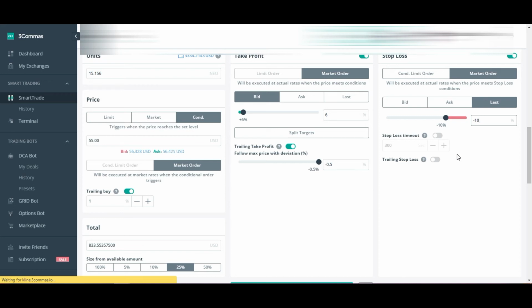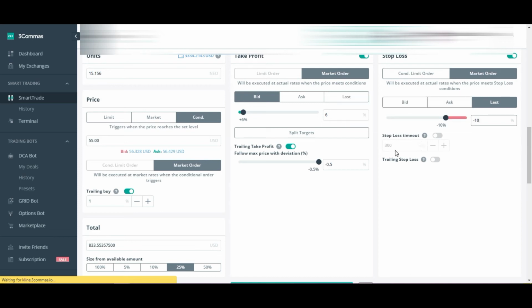Those who slept through it would have been stopped out at negative 10% and then find out when they woke up that the crypto coin is up like 50%. It happened to me on Doge, and I was very upset about that. If I would have had it in a smart trade, I could have used this stop loss timeout.